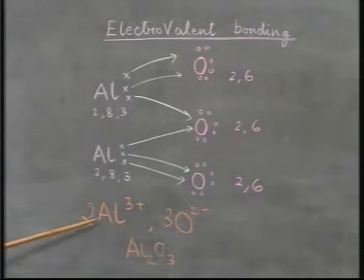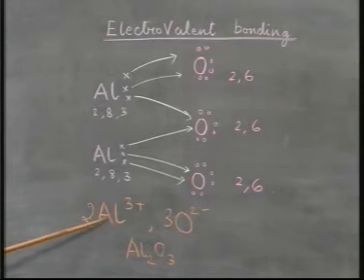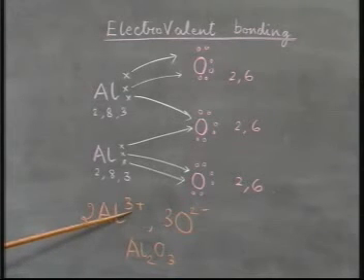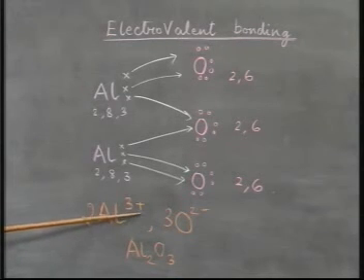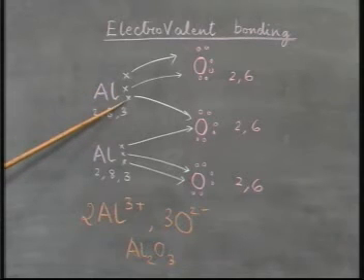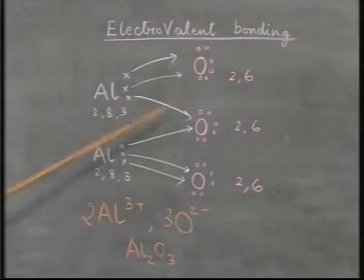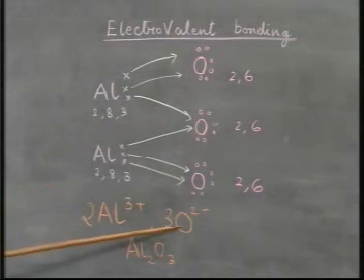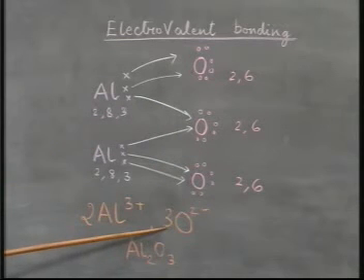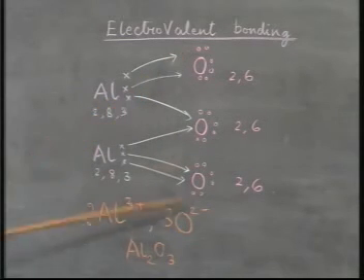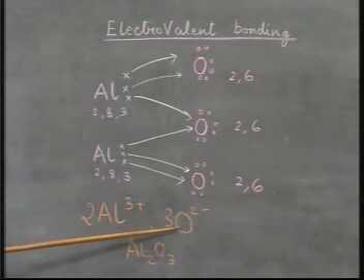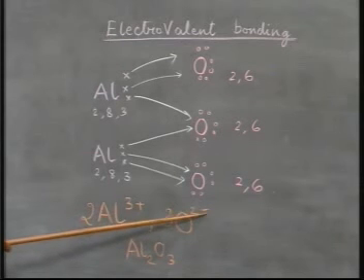The result is that there are 2 aluminium ions, each acquiring a 3+ charge because they have lost 3 electrons, and there are 3 oxygen ions which have each acquired 2 electrons, and thus each oxygen ion is twice negative.